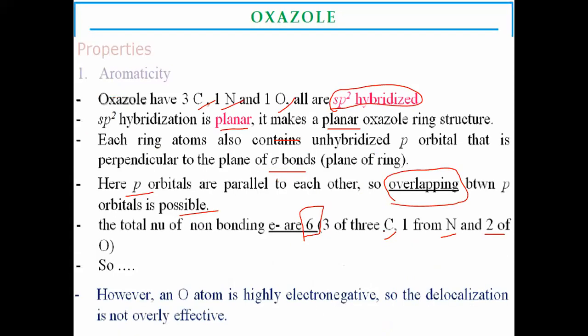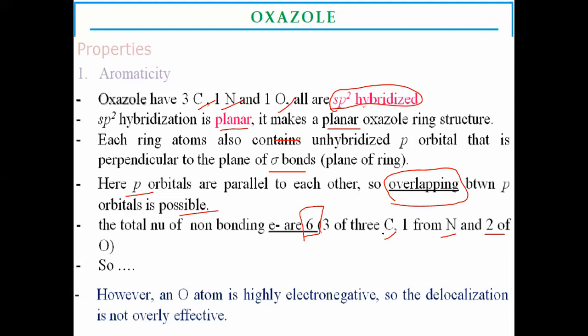So these are the non-bonding electrons which are present in the structure, where 3 electrons from carbon atoms, 1 from nitrogen atom, and 2 from the oxygen atom. As the oxygen has higher electronegativity, delocalization is not overly effective, because highly electronegative atoms do not undergo delocalization easily.